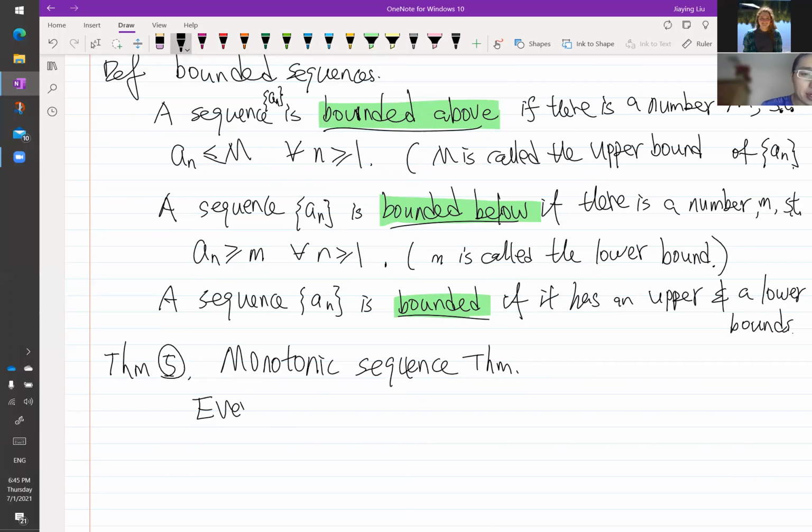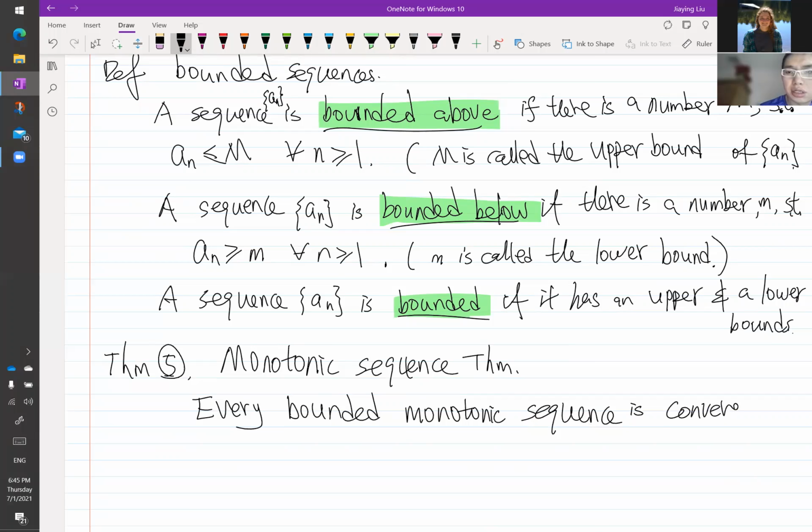Every bounded monotonic sequence is convergent, or converges. You can say either, it doesn't matter.